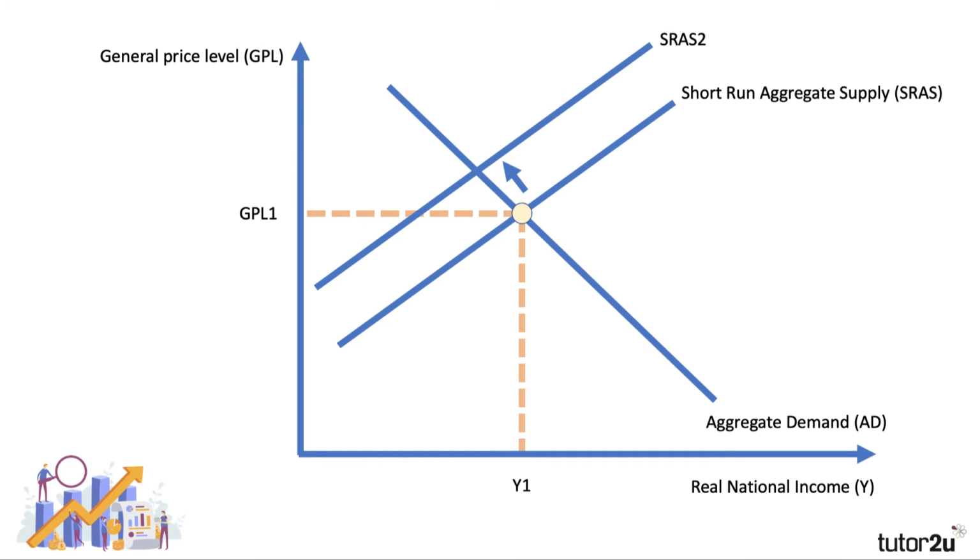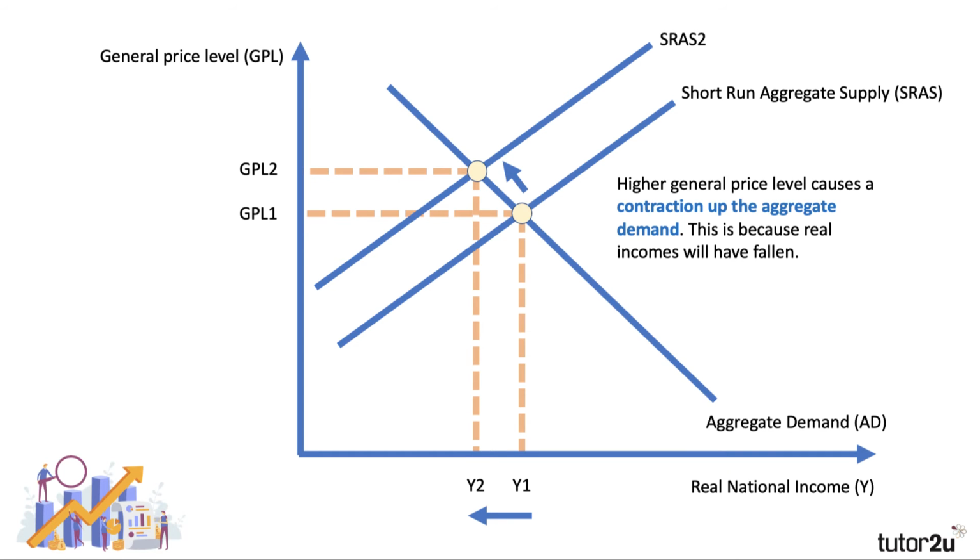Higher costs cause an inward shift of supply, so we move to SRAS2, and that causes the price level to go up and the real national output to go down. And the higher price level causes a contraction up the demand curve, in part because real incomes will have fallen. So this is one way of using a diagram to illustrate what might be happening at a macroeconomic level: slower growth, higher inflation from the supply crunch. And this is linked to fears of stagflation in the UK.